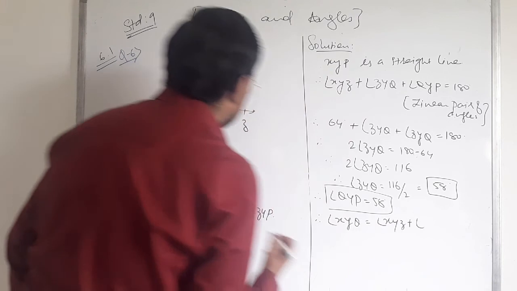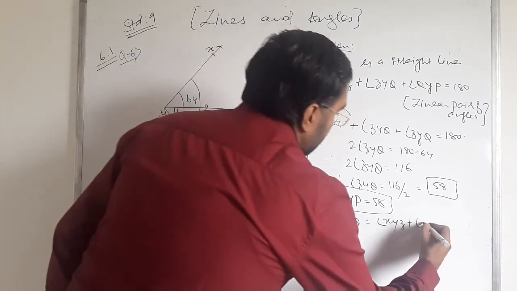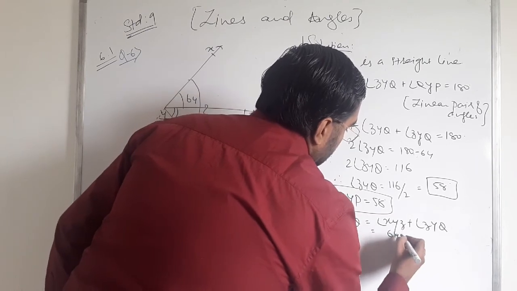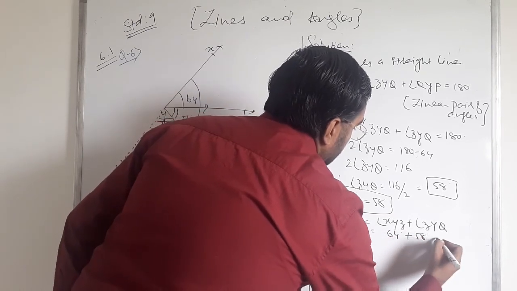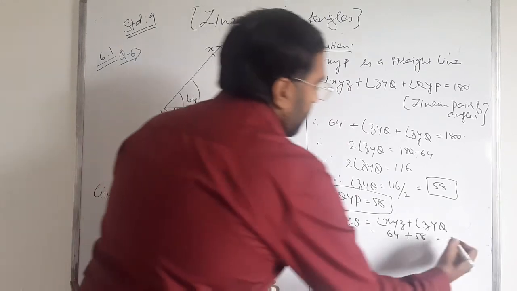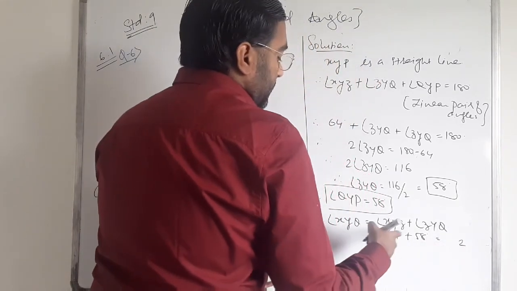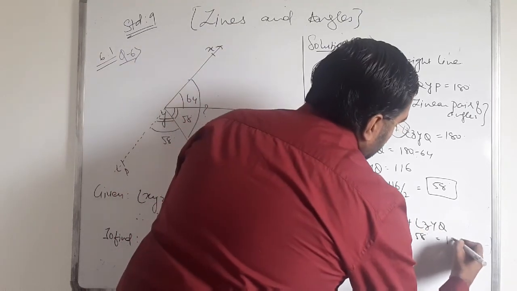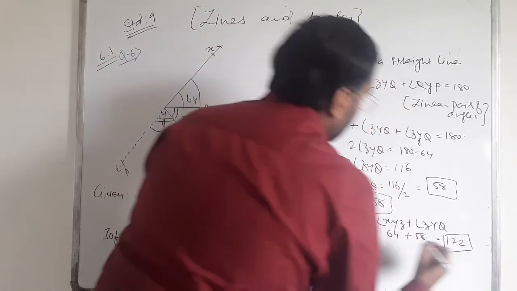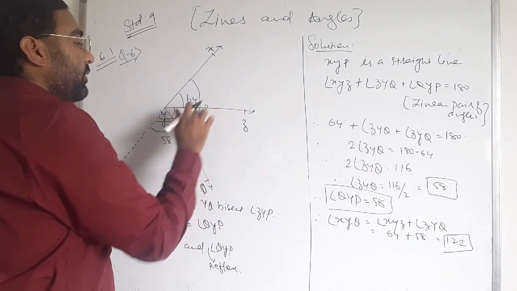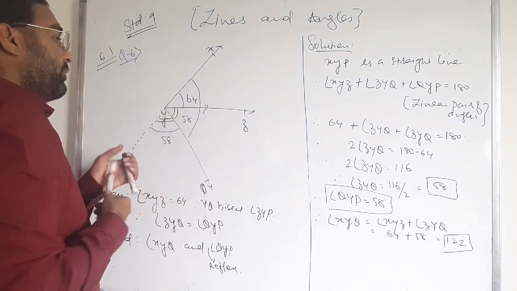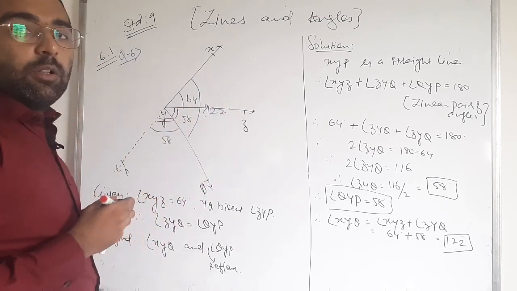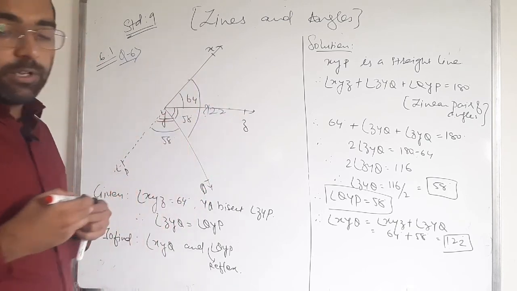Therefore 64 plus 58 is equal to 122 degrees. All these angles together are equal to 122 degrees.